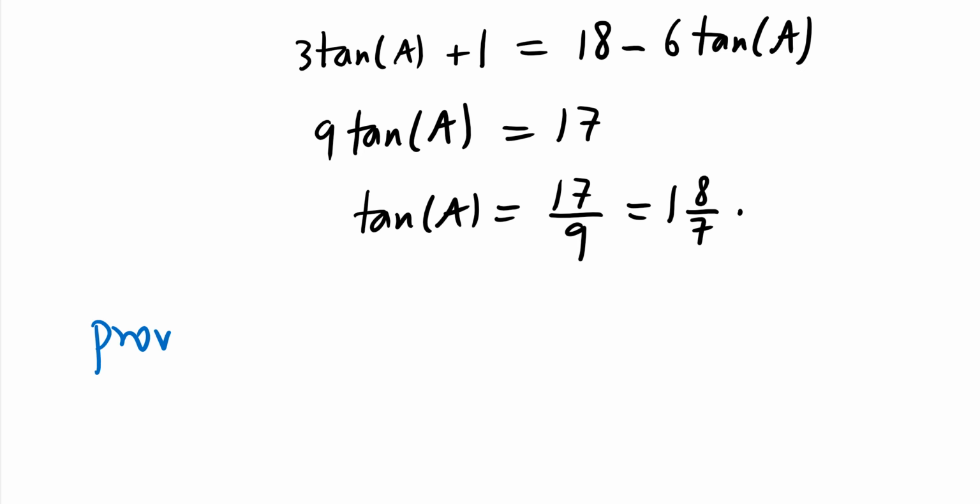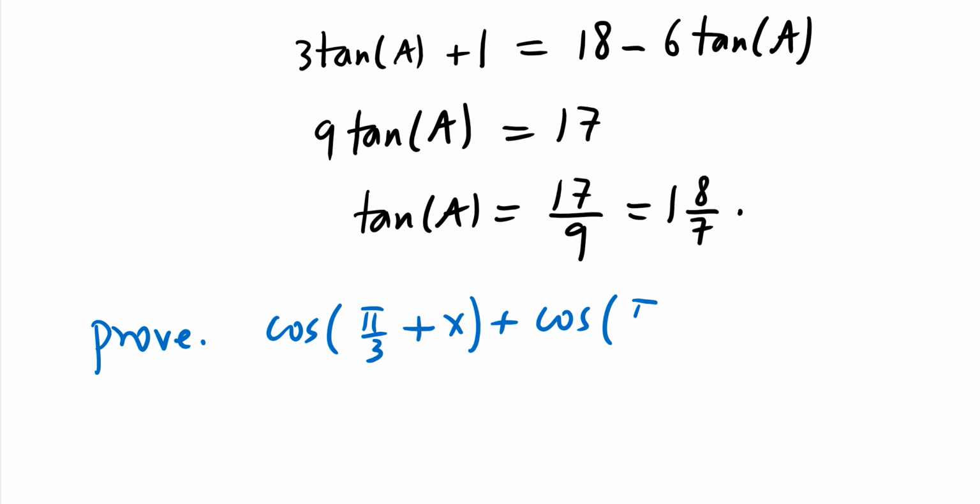If they ask us to prove cosine pi over 3 plus x plus cosine pi over 3 minus x equals cosine x. Make sure to apply the formulas the right way. We don't use this as cosine pi over 3 plus cosine x.